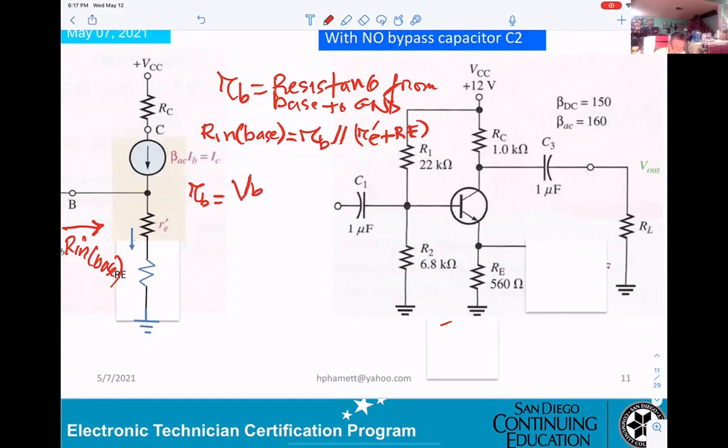VB divided by IB, right? Yeah, it's Ohm's law. So what does VB equal? V in? Come on, who cares? I'm talking about VB right here.